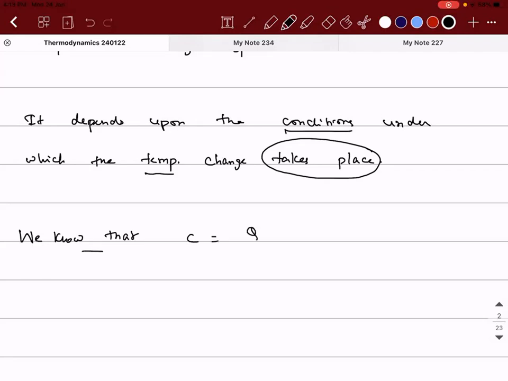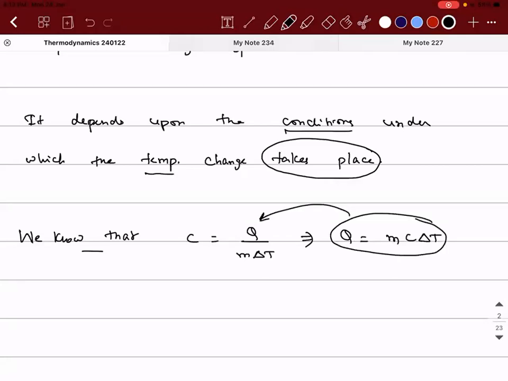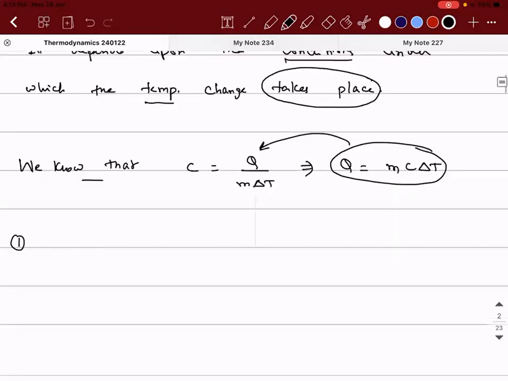C is equal to Q divided by m into delta T, which implies the amount of heat that you supply will be equal to m C delta T, right? So basically, this is the formula from which we can define the specific heat. First, I'm taking the adiabatic condition. If I say adiabatic condition, the amount of heat exchange with the surrounding is 0.